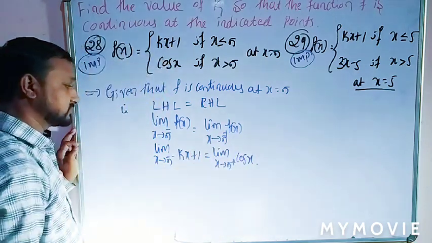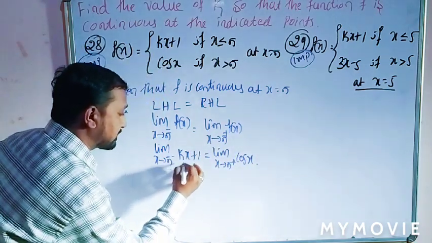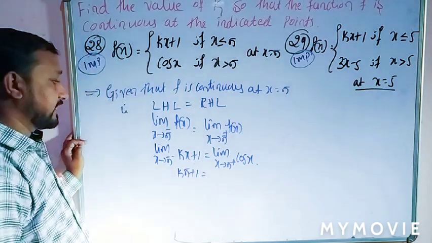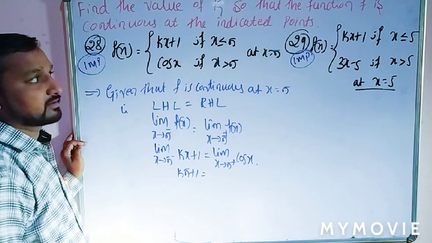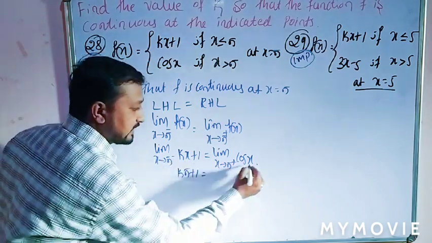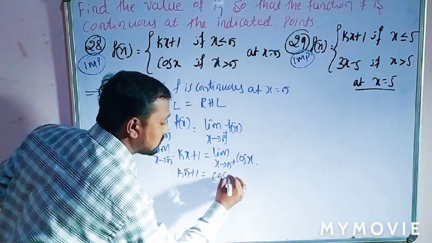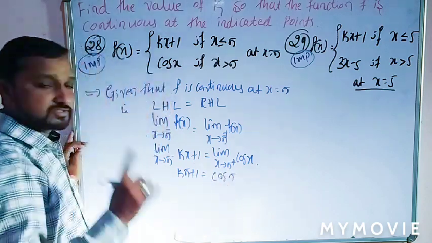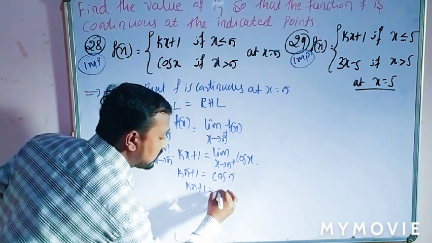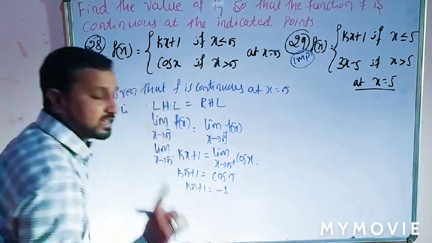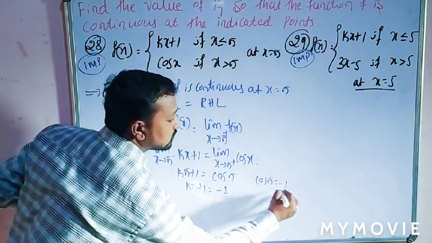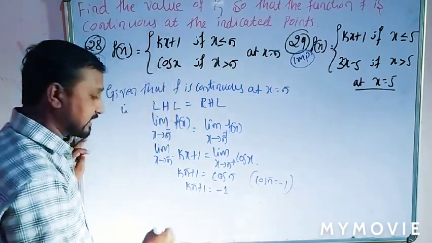Okay, apply the limit as x tends to pi: k pi plus 1, k into pi plus 1, is equal to cos pi. So already we know that k pi plus 1 equal to the value of cos pi, which is minus 1. Already we know that. Okay.